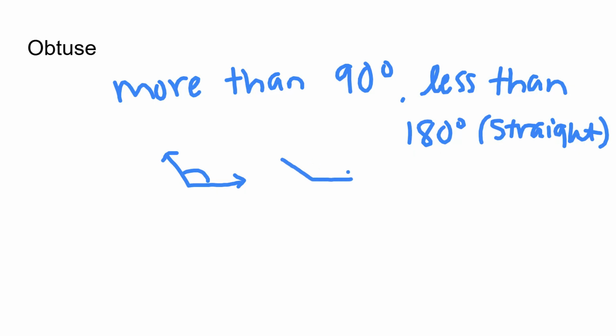It could be really close to being a straight line. It could be really close to being 90 degrees. But if it doesn't have that square in it, if this is 91 degrees, okay, if this is 179 degrees, as long as it's between 90 and 180, it is an obtuse angle.